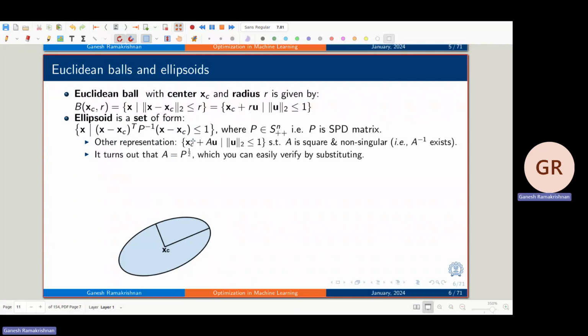So I'll take this XC and my U, which ordinarily was here, let's say. Now I have AU, which goes all the way, rescaled in different directions. What is the relation you think between A and P? Guess.